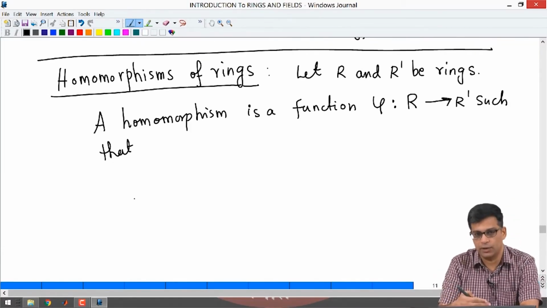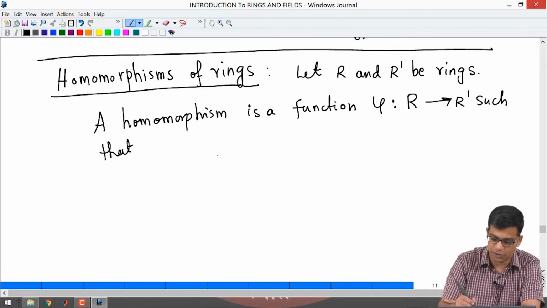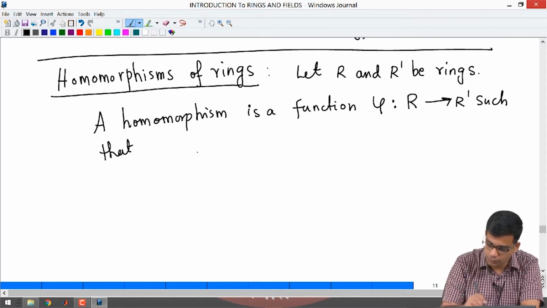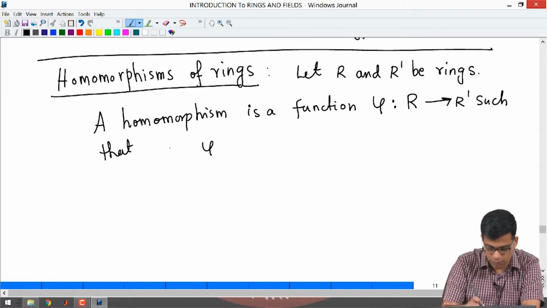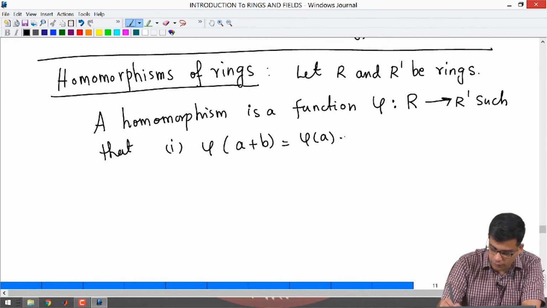Because R is an abelian group under addition, and R prime is an abelian group under addition, it must to begin with have the property that it is an abelian group homomorphism. So, that can be captured by saying: phi of A plus B should be equal to phi of A plus phi of B.